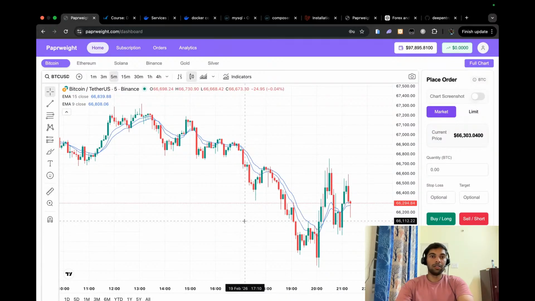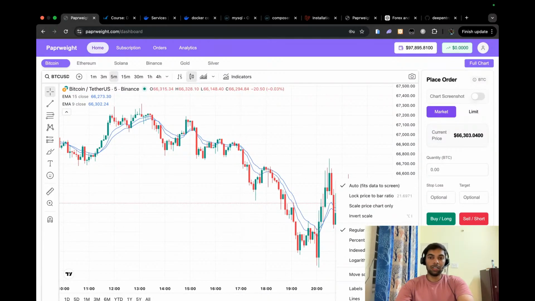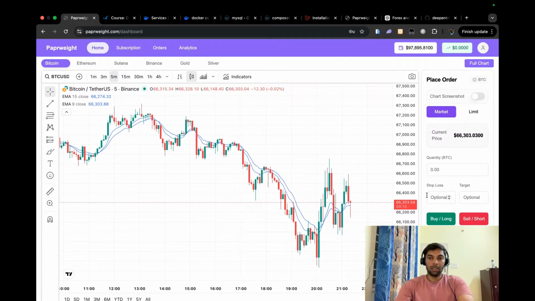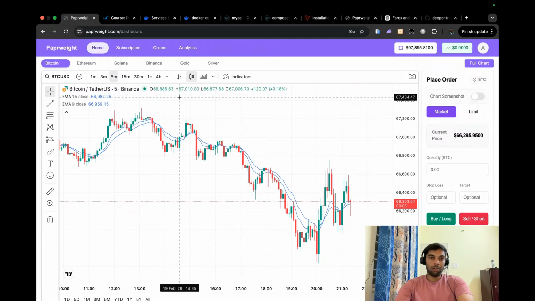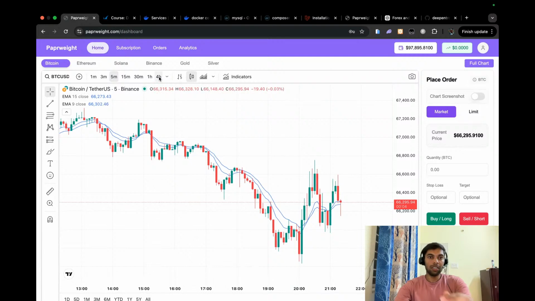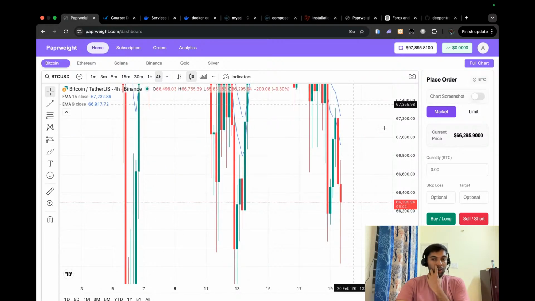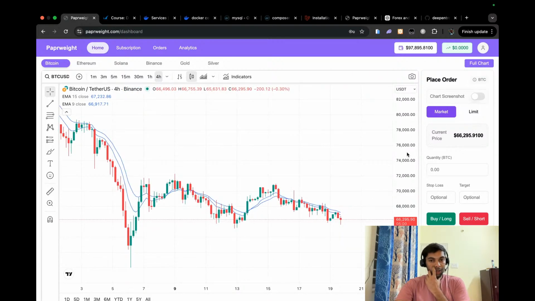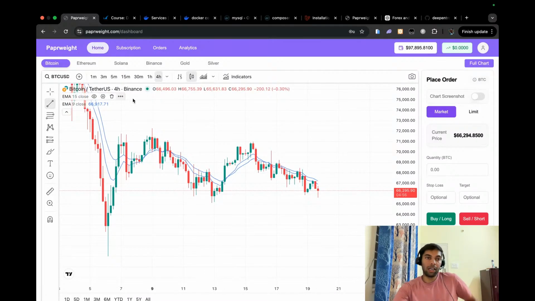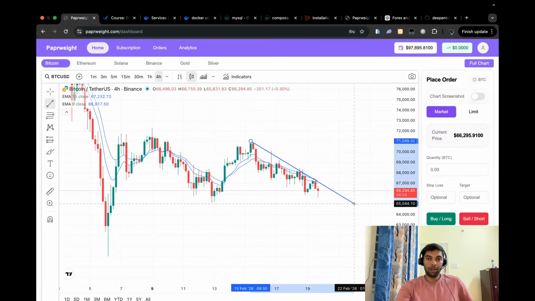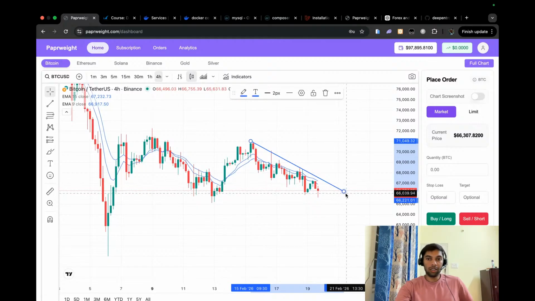All right. So this is the 9 EMA and 15 EMA setting. Let's see the overall picture of where the market is going. As you can see, at the higher time frame, the 4 hour time frame, the market is quite weak.